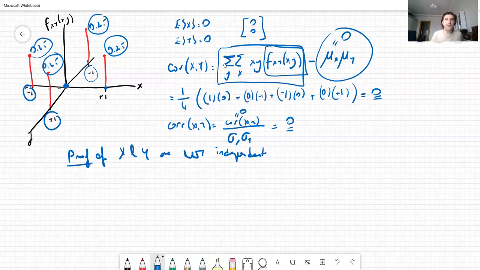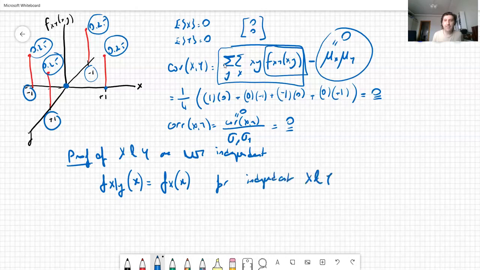And I'm going to use my favorite. It's going to be the conditional probability mass function of X given some Y value, which for any X value should be equal to the marginal probability mass function of X for independent X and Y.